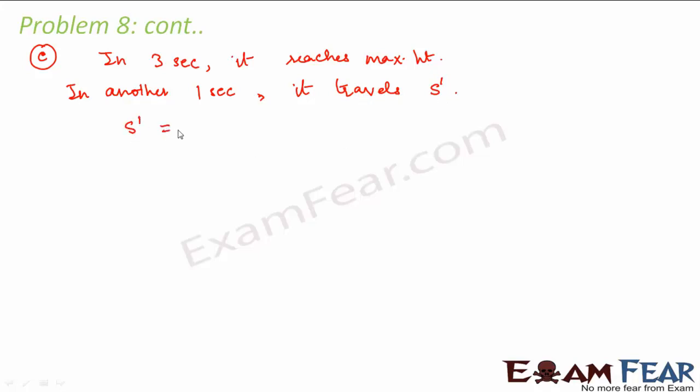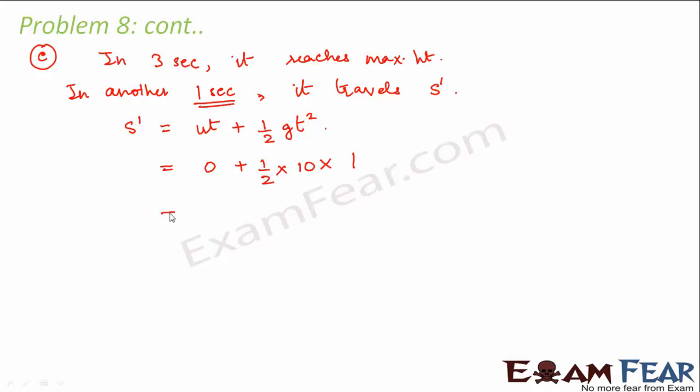So what will be that s dash? We can calculate it. S dash is equal to ut plus half g t square. Now in this case, initial velocity would be the velocity at the top, which was 0, plus half into g, which is 10 meter per second square, t is 1 second because we are calculating it for 1 second. So this will be equal to 5 meters. So that means in 1 second it traveled 5 meters.